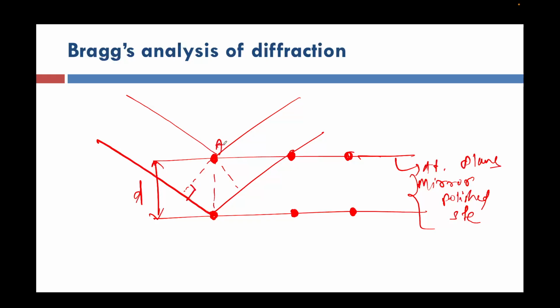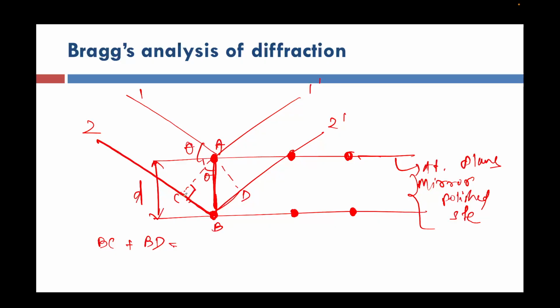Let's say A, B, C and D. When you calculate the extra path traveled by 1 bar and 2 bar, it is BC plus BD. This is the extra path that has been traveled. This is d, and let's say this is my theta, this is theta, meaning this is 90 minus theta, this is also theta.